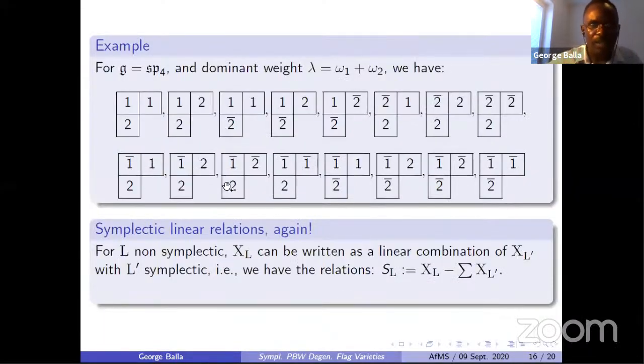So let's come back to the symplectic linear relations again. For a sequence, we can arrange this sequence into a tableau, a PBW tableau. And if this doesn't produce a symplectic tableau, we call this sequence non-symplectic.